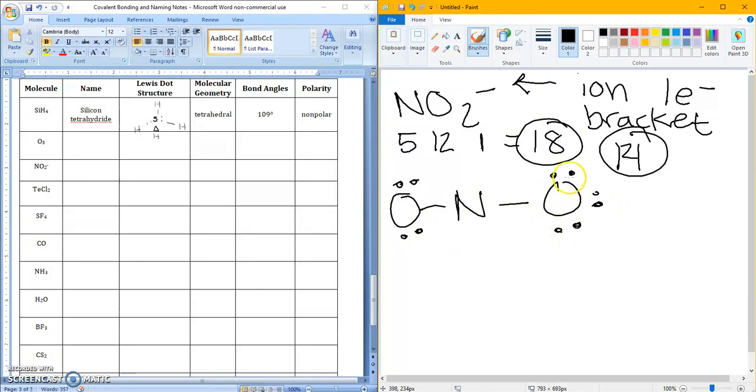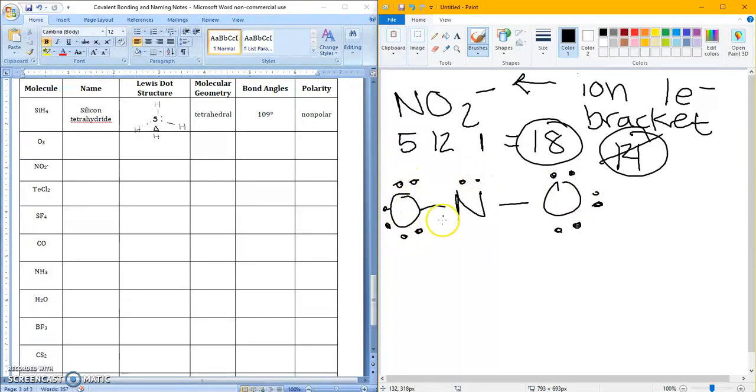All right, so count them just in case. 2, 4, 6, 8, 10, 12, 14. I have 14 electrons total, which is what I need. Oh, I need 18, silly me. 14 is what I had to add. So I need to add 4 more.